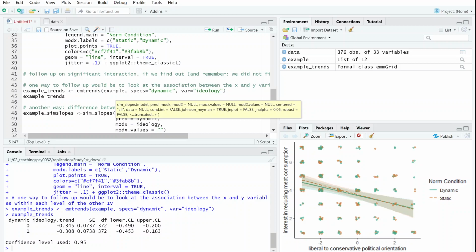What we're going to do is use a built-in function called mean plus minus, which means let's look at the impact of norm condition at one standard deviation below the mean for political ideology, at the mean for political ideology, and one standard deviation above the mean for political ideology.